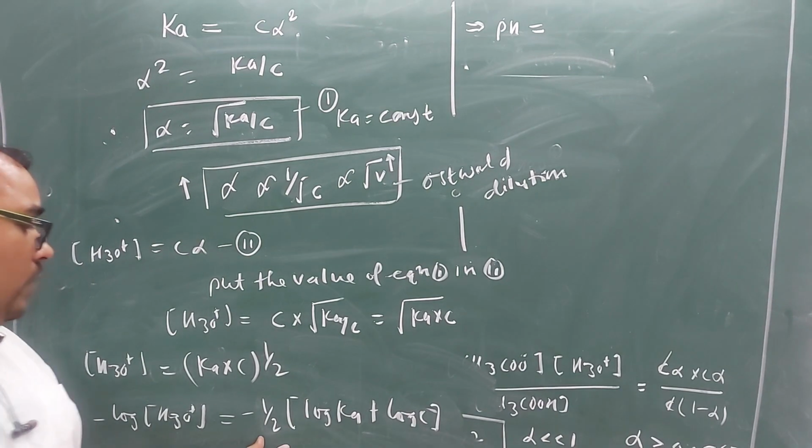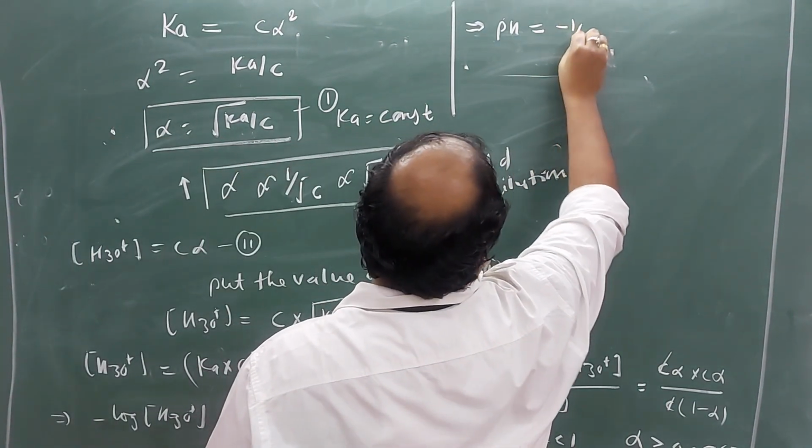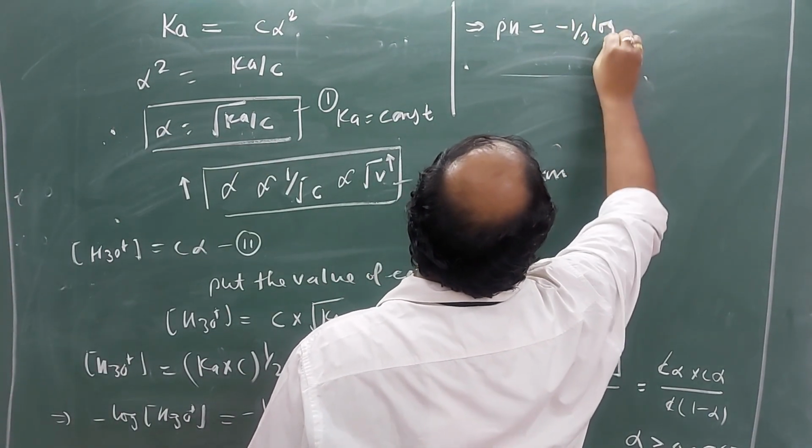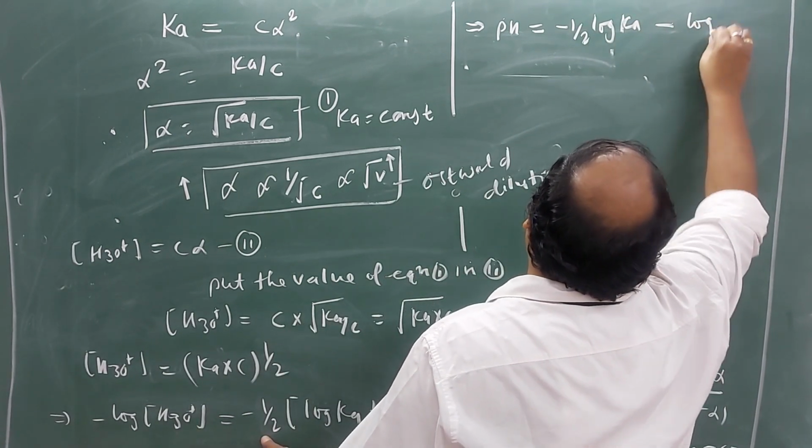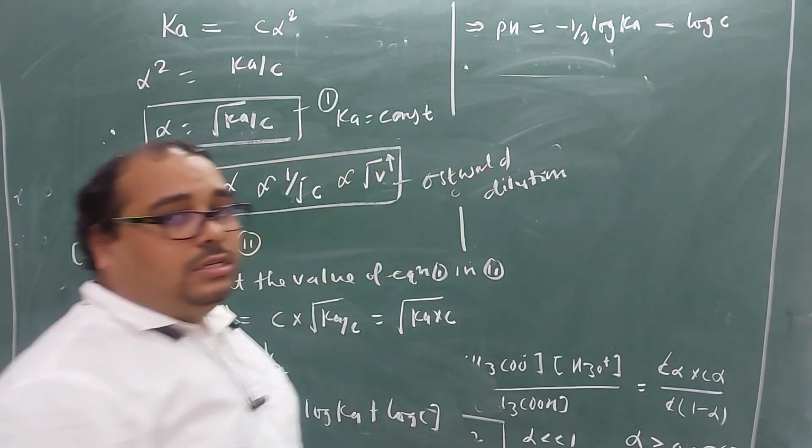So pH is equal to minus half log Ka minus log C. Is it okay?